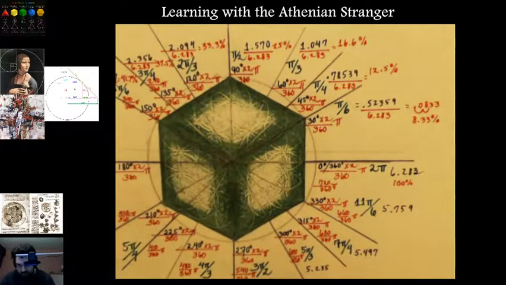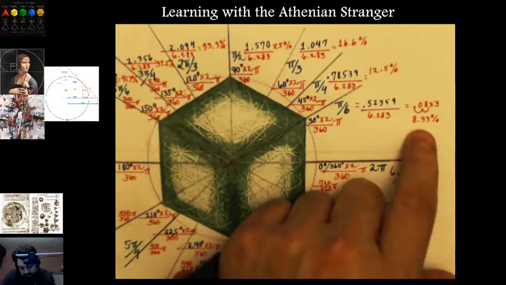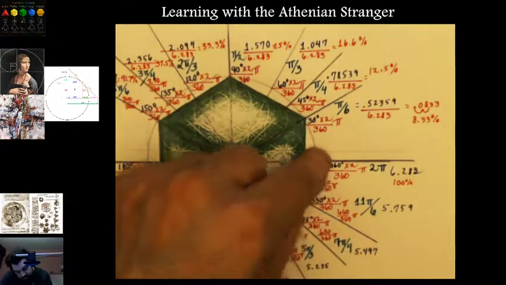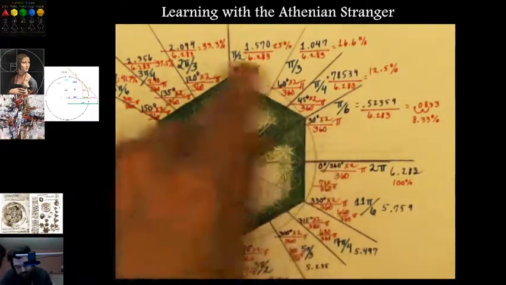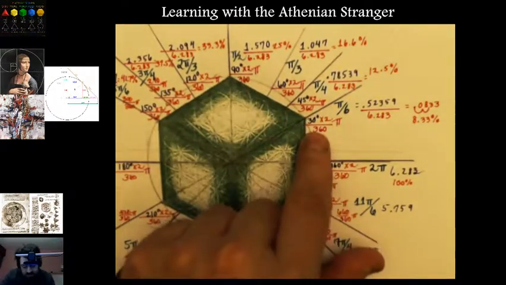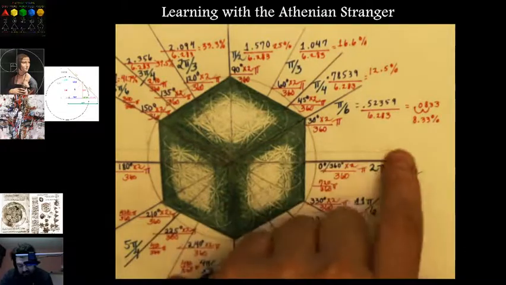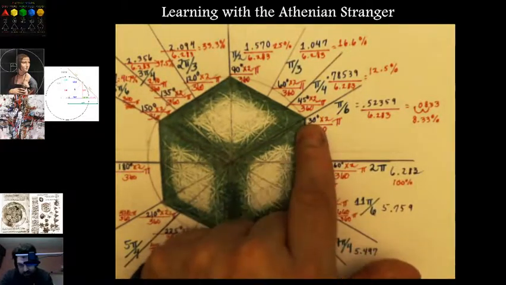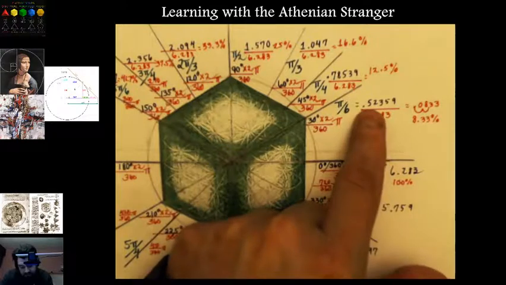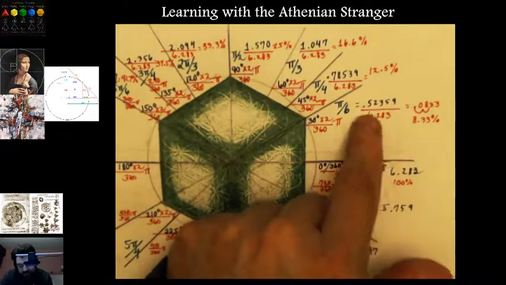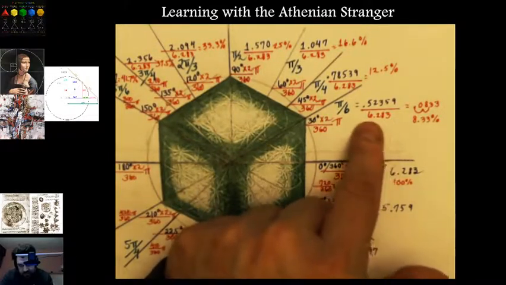Let me put it another way. The percent of the total circumference represented here at 30 degrees, with a radian measurement of 0.52359 divided by the total circumference.